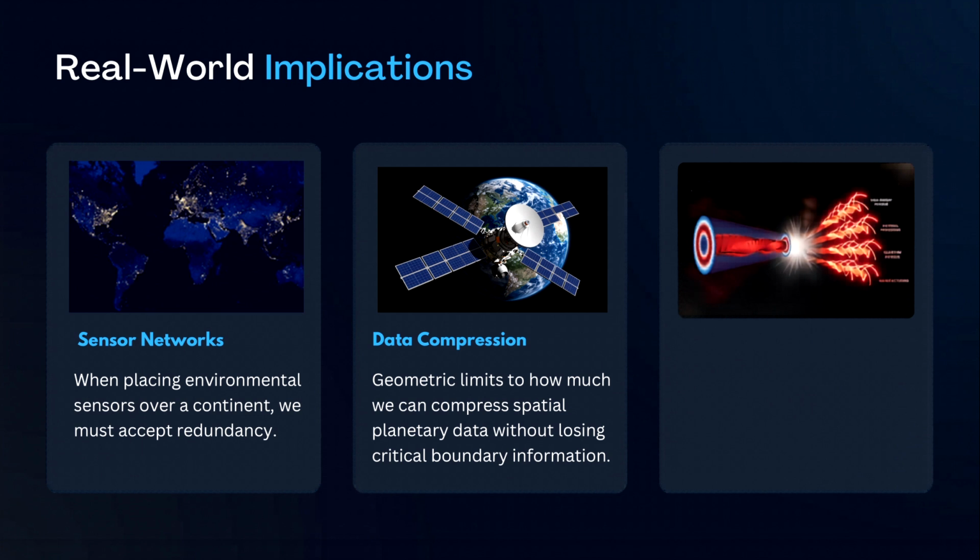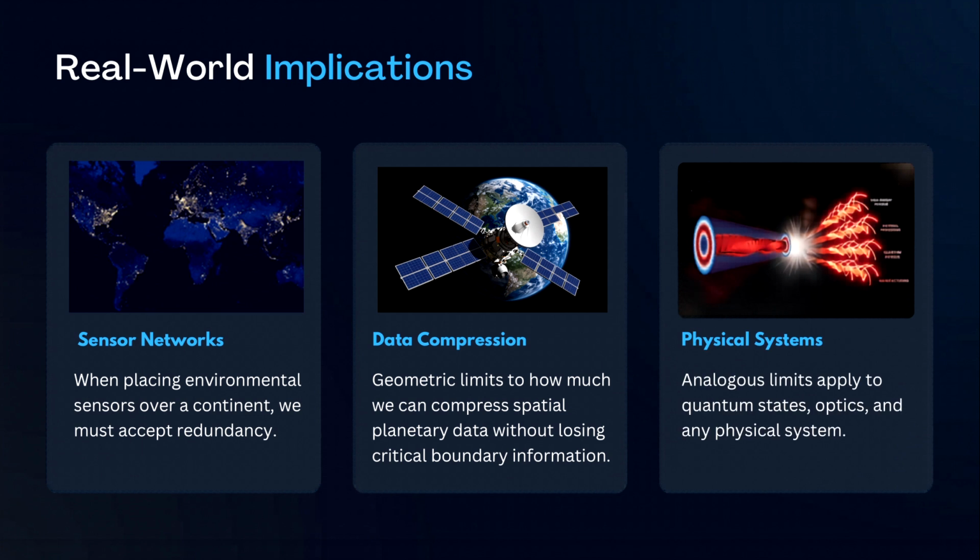So here there are geometric limits also to how much we can compress spatial data without losing critical information. And lastly, there are analogous limits applied to quantum states, optics, and physical systems.